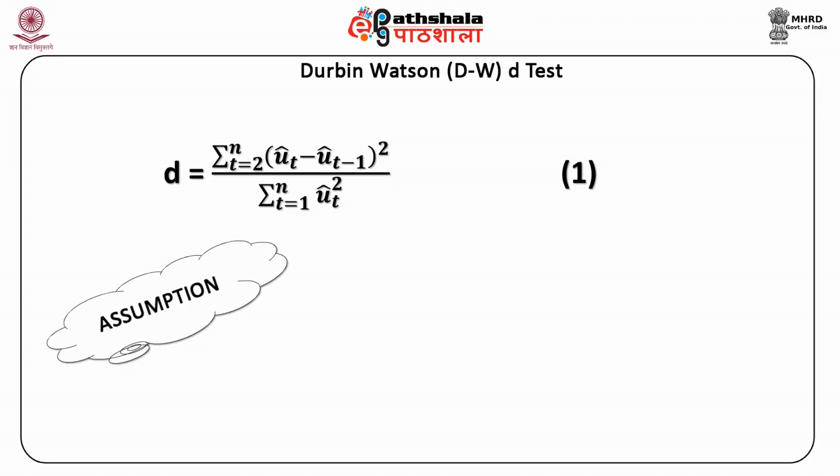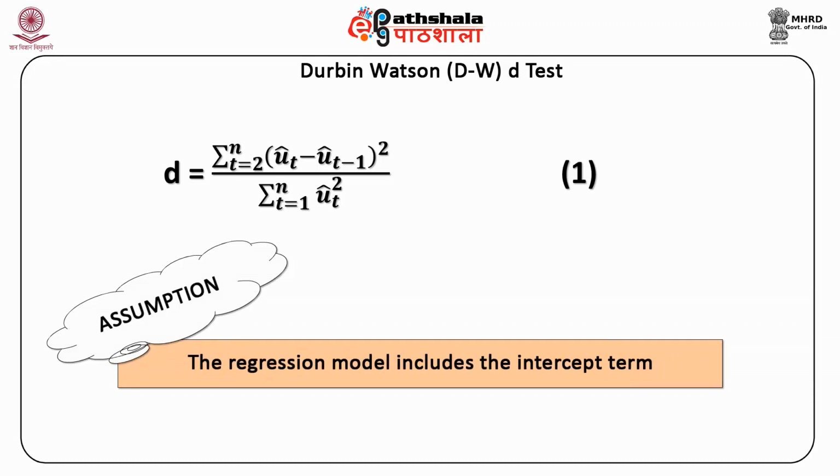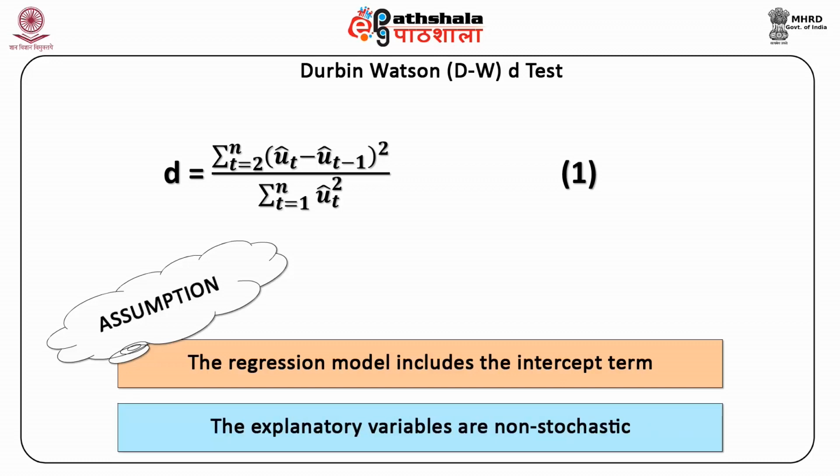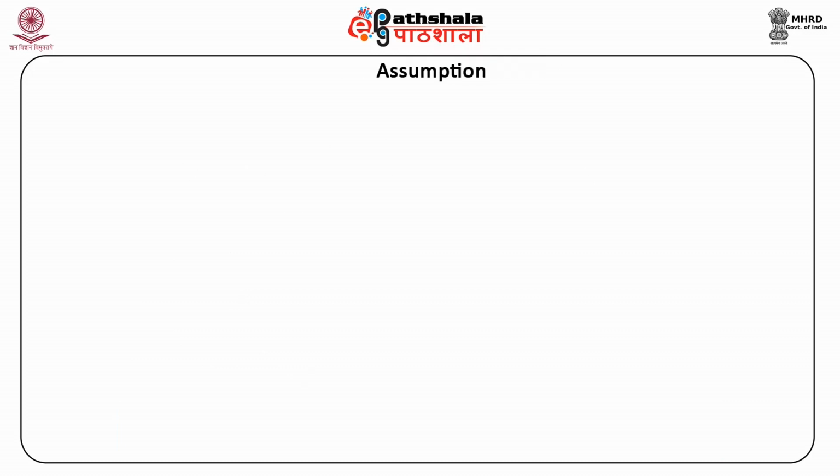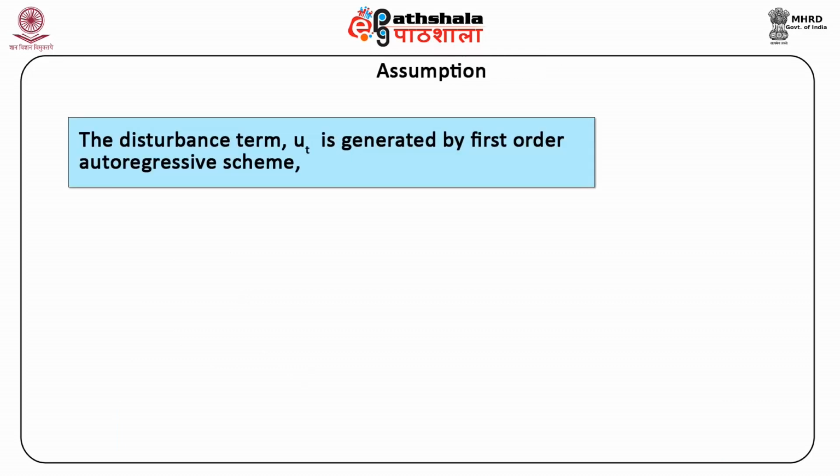The assumptions underlying the d statistic are as follows. The first assumption is that the regression model includes the intercept term. The second assumption is that the explanatory variables are non-stochastic. The third assumption is that the disturbance term u_t is generated by the first order autoregressive scheme.